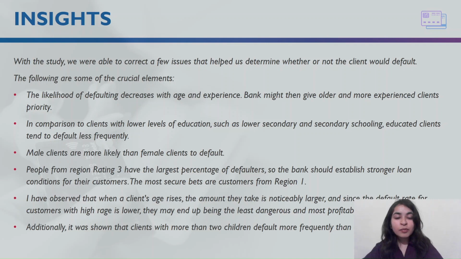So the priority of the bank should be to provide a revolving loan to these kinds of clients. This will decrease their defaulting rates.